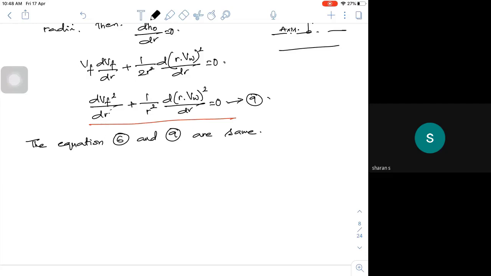And I can use this equation to determine the variation of the flow and tangential velocities, that is, the flow velocity and the tangential component velocity.